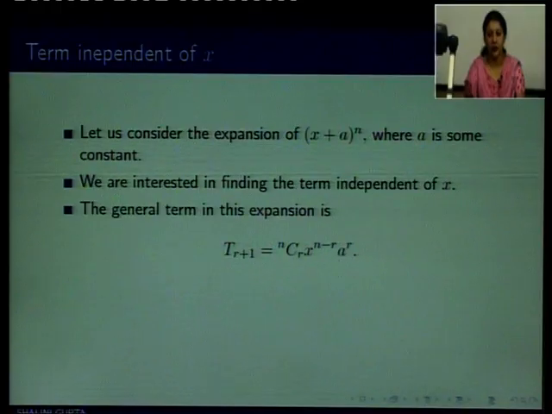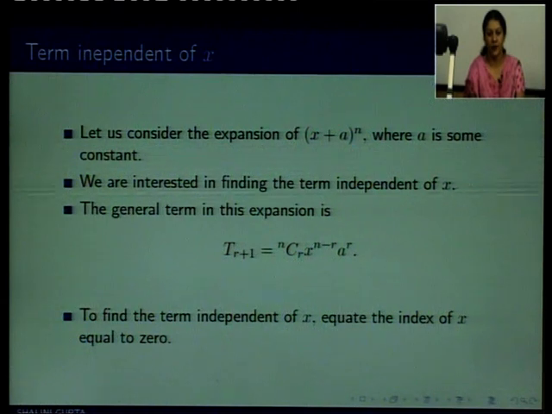We want the term in which no power of x appears. The power of x here is n - r, so we put n - r equal to 0, and we get r equal to n. So the term independent of x will be the (n+1)th term, and it will be nCn a^n.